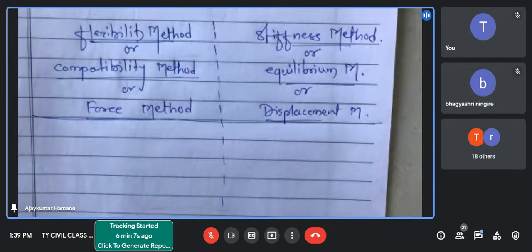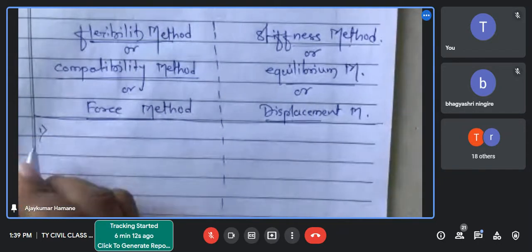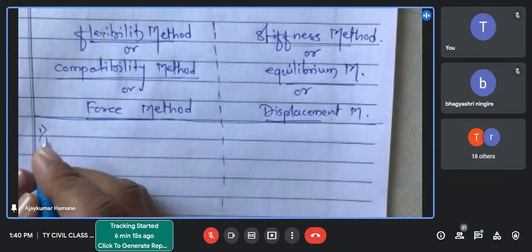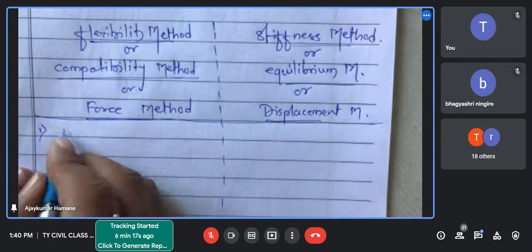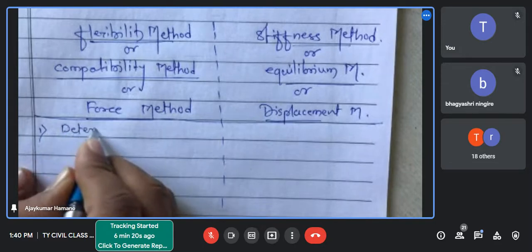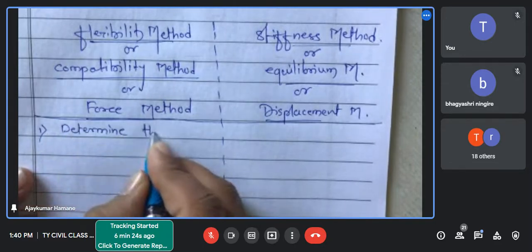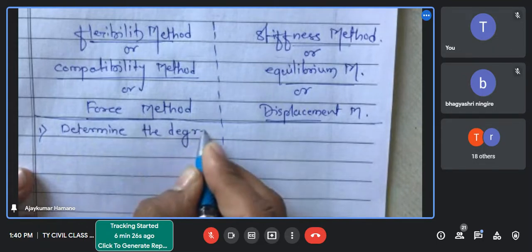If there is an indeterminate member in the flexibility method, first we have to determine the degree of static indeterminacy.